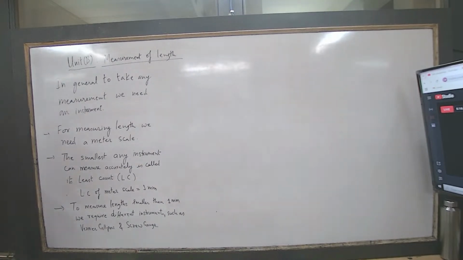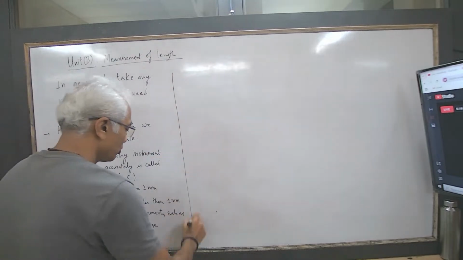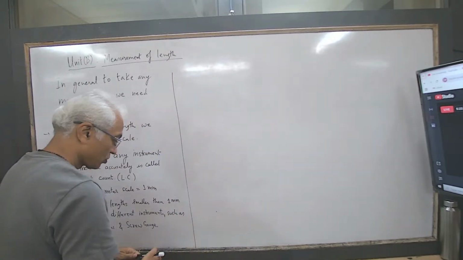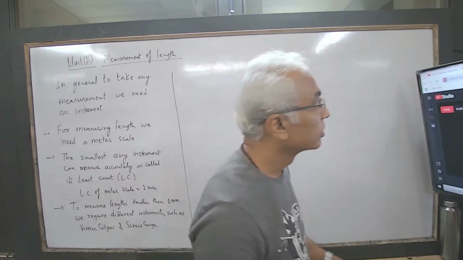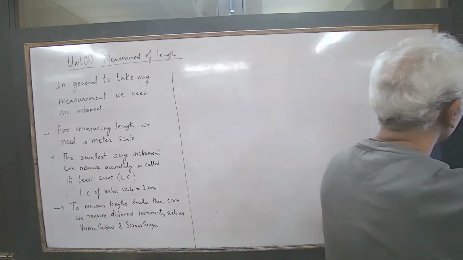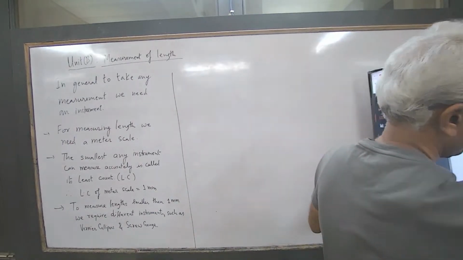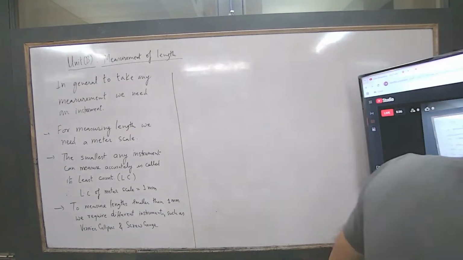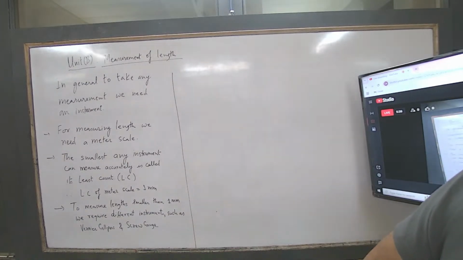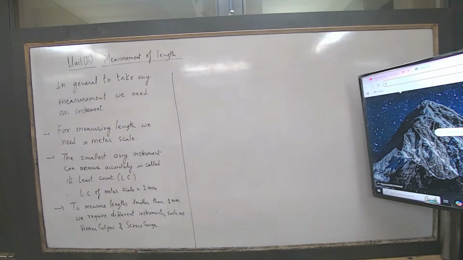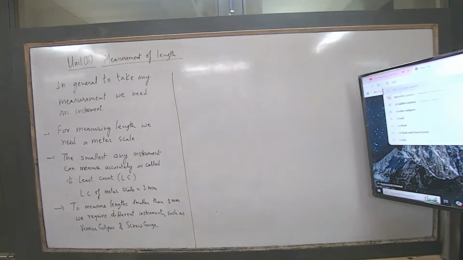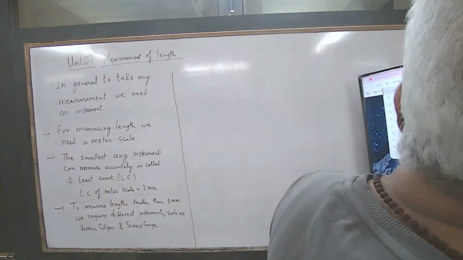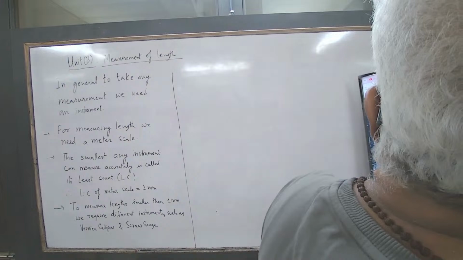Okay. So first let us see how the instruments look. Of course, the diagram is given in your book. I'll try and show you on the monitor. Just type vernier calipers. Great. Okay.